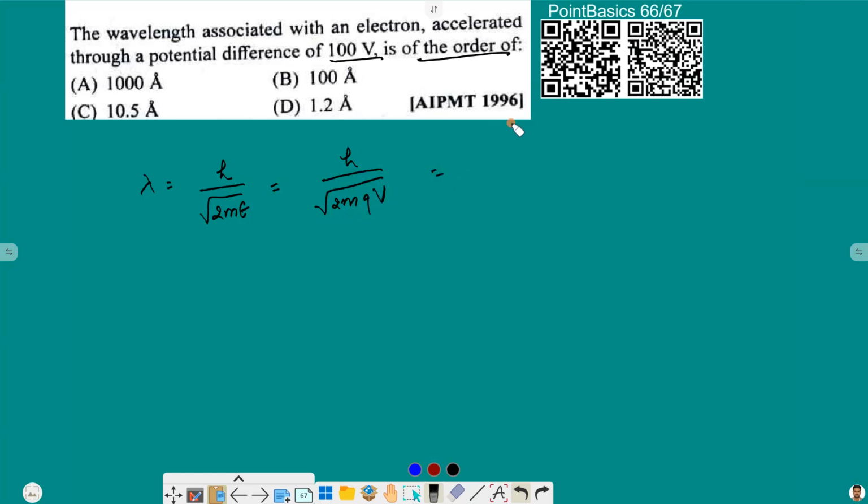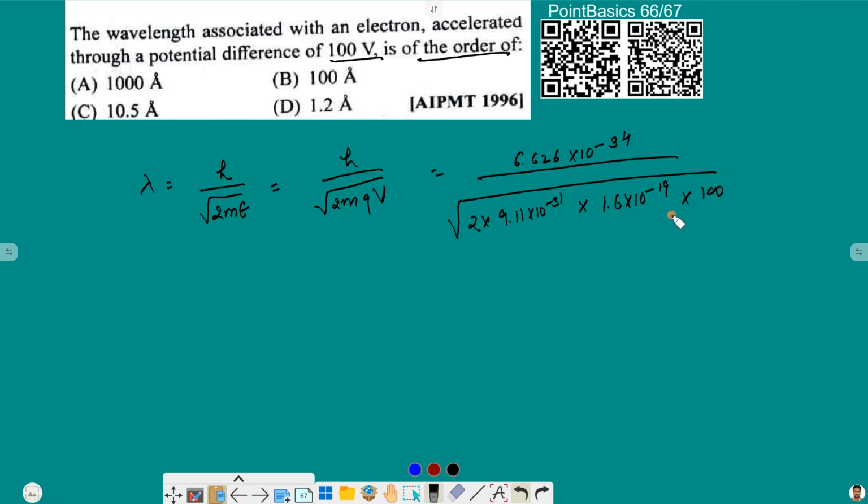So substituting values, it will be 6.626 × 10^-34 divided by under root of twice mass 9.11 × 10^-31, charge 1.6 × 10^-19, potential 100. And when we solve this, we will get 1.22 angstrom. That is option D.